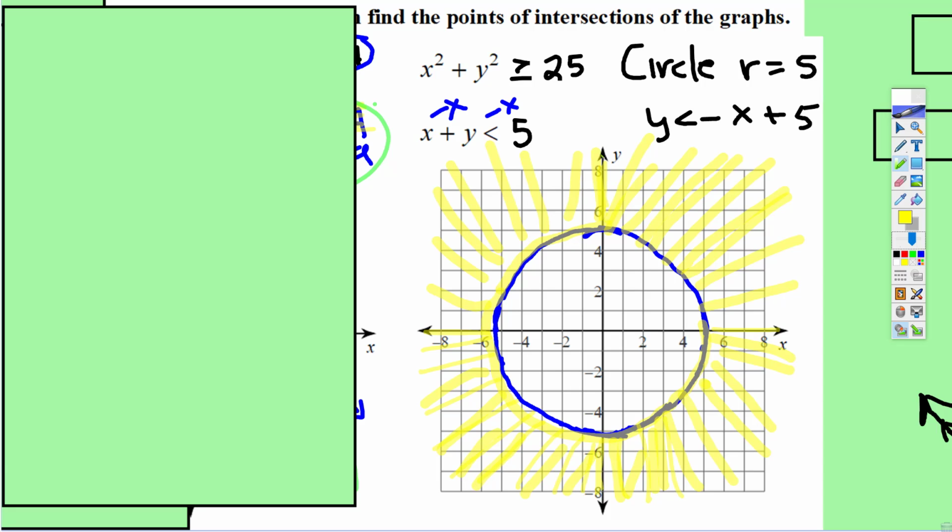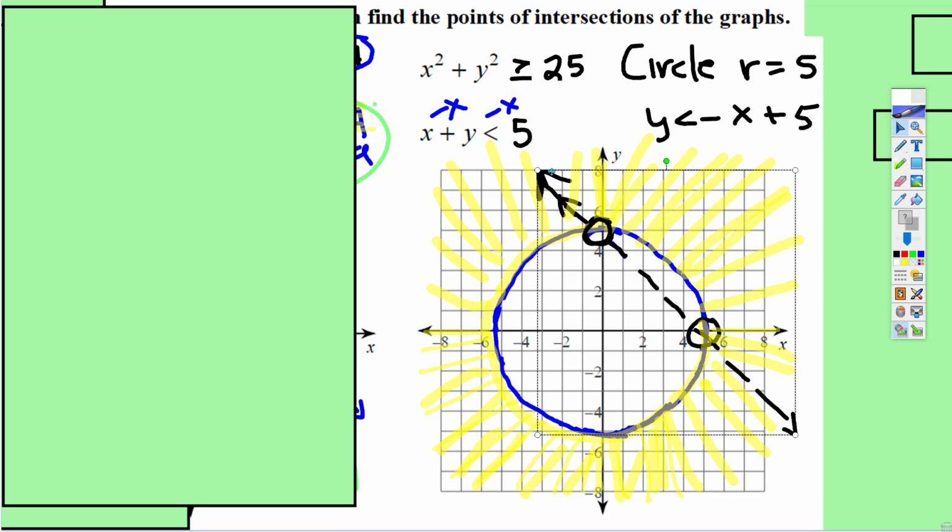Then we draw, again, a dashed line, starting with a hollow dot at 5, down 1, over 1. Now this says y is less than, again, everywhere down below.